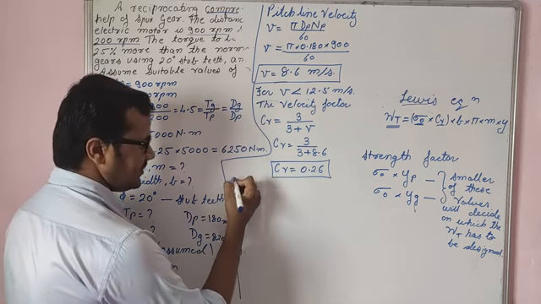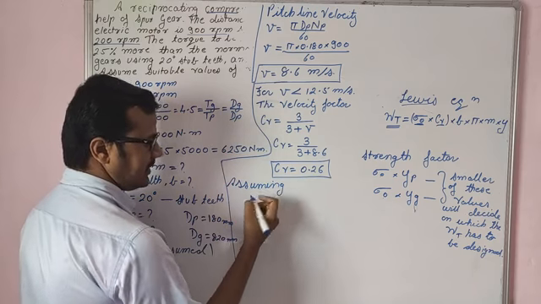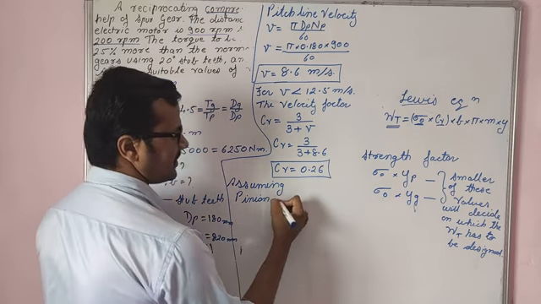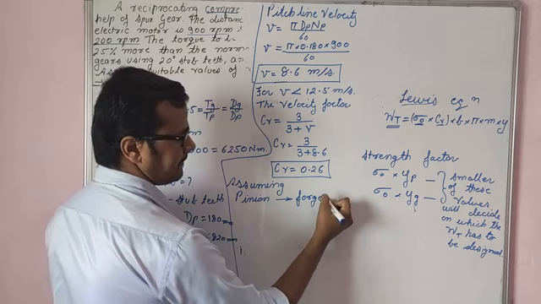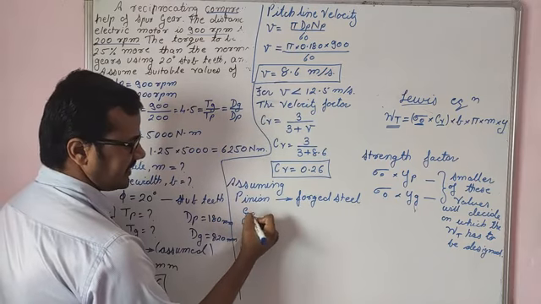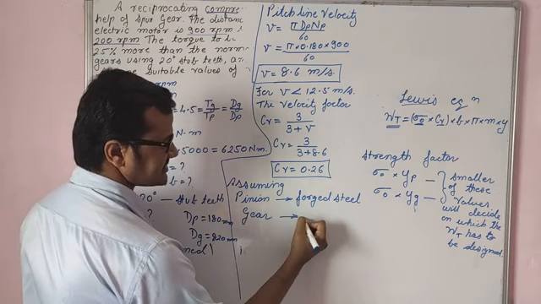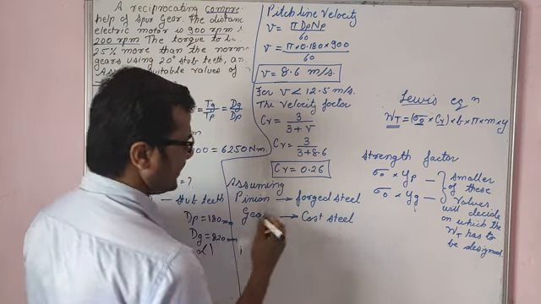So what I am assuming is the pinion is made of forged steel and the gear, that is the bigger one, is made of cast steel.